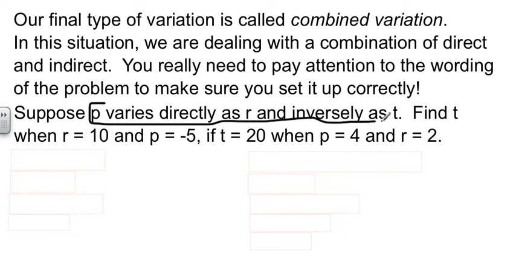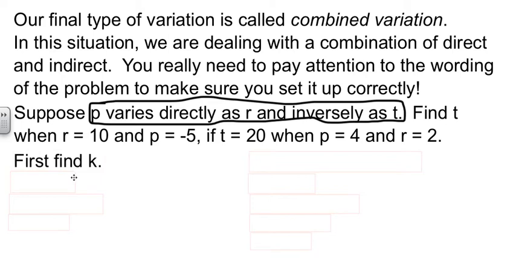So it says, suppose P varies directly as R and inversely as T. Our job is still the same.